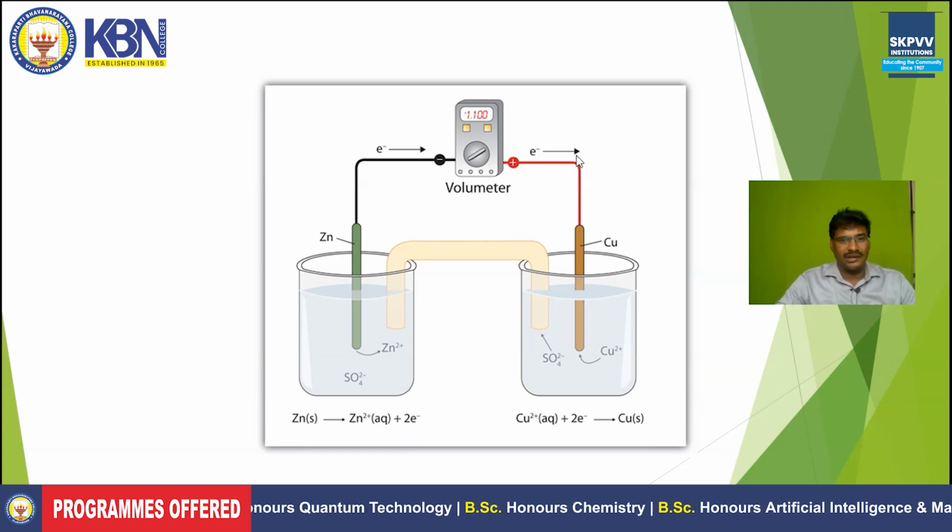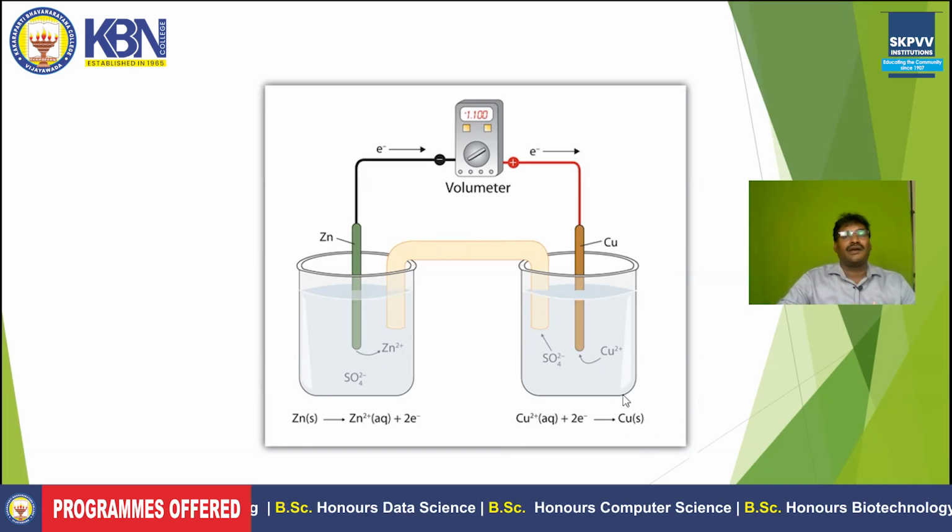These electrons flow from anode to cathode. At the cathode, electrons are gained by Cu2+ ions from the electrolyte, forming copper. Therefore a continuous flow of electrons takes place as oxidation and reduction occur.